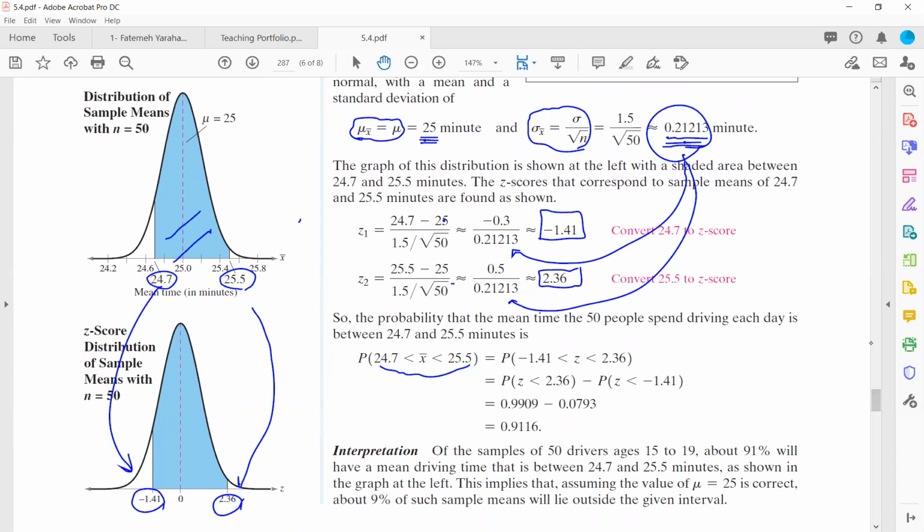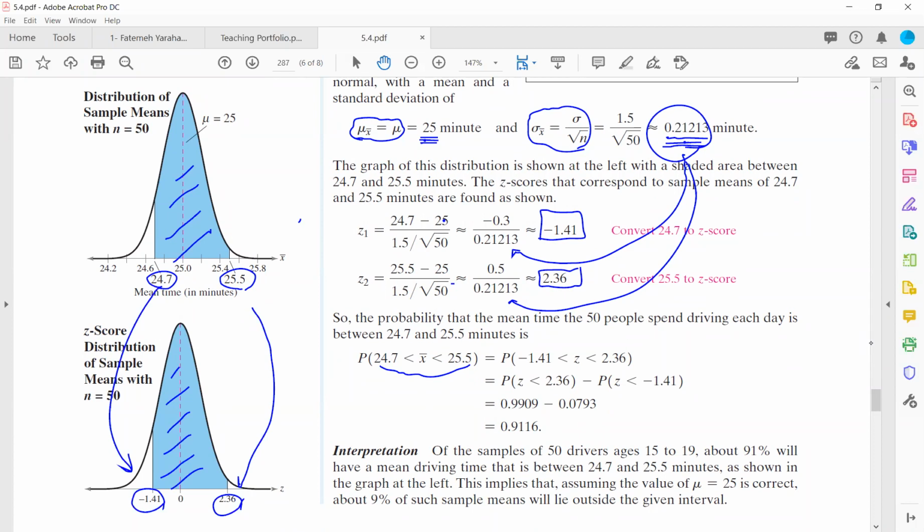This probability, this area, is the same as this area. Remember that when we are finding the probability between two values, we have to find each of those probabilities or areas and then subtract them.